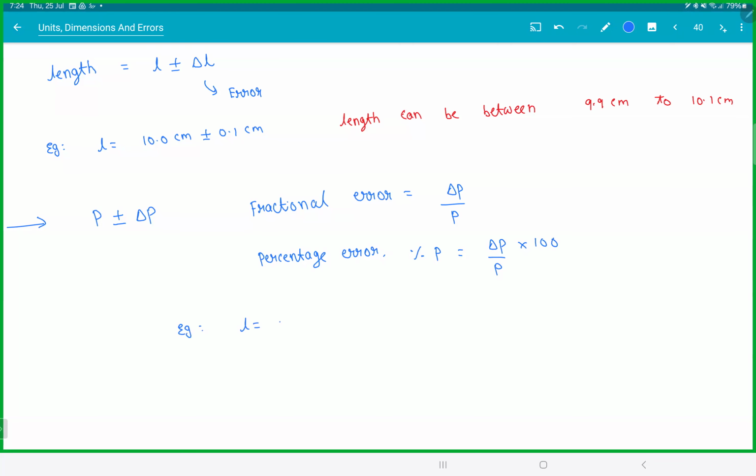Example: if someone gives you length is 20.0 centimeter plus or minus 0.2 centimeter, the percent error in L is 0.2 by 20 into 100. That's 1%. So you can also report this answer as 20.0 centimeters plus or minus 1%. Then it is understood that there is an error of 1% in this reading.